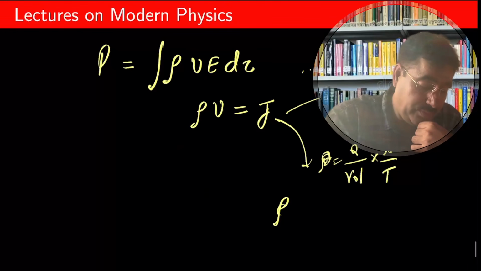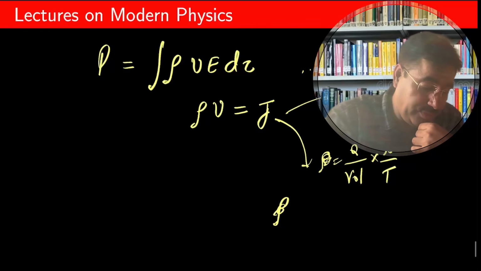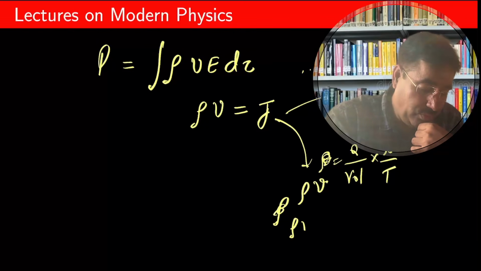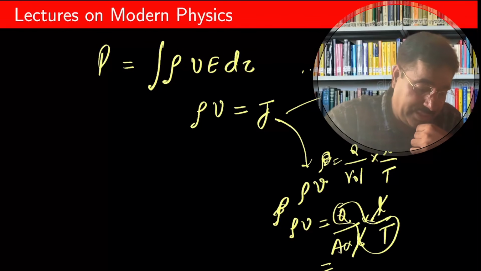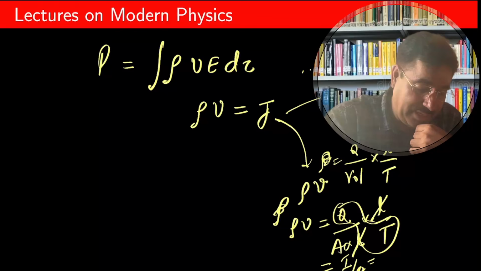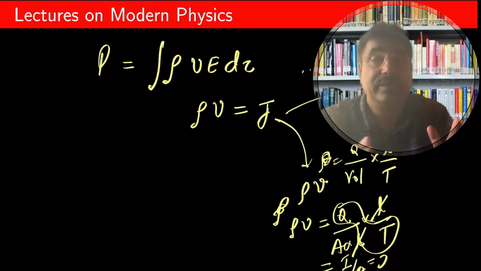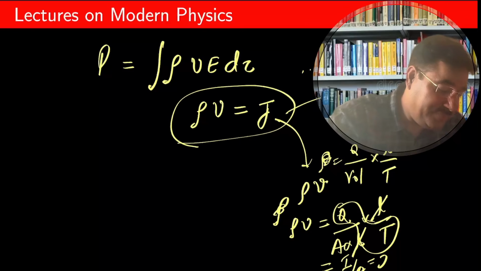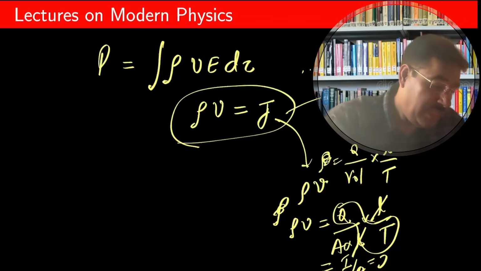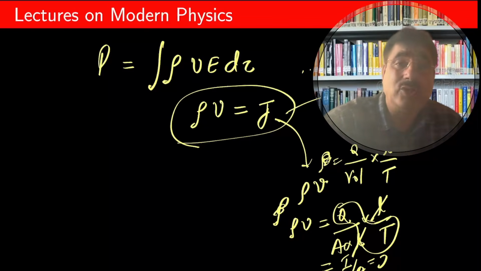So I'm looking for this term rho into V. Charge by volume is charge by area into length by time. This length and length will cancel. Charge by time is your current, divided by area, that is your current density. So dimensionally it is current density. This represents the magnitude of current density, but current density is actually a vector, and so is the electric field.